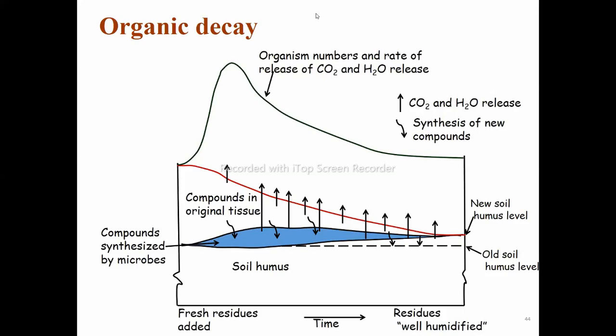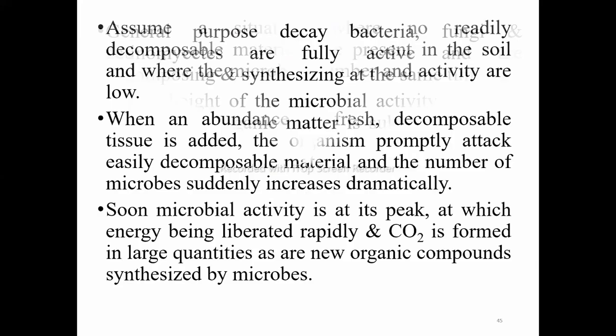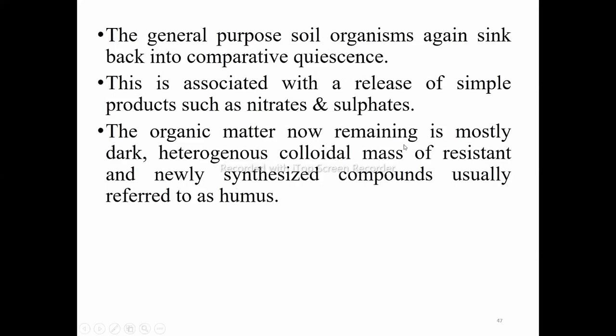It is resistant to degradation. And it is dark in color. And it is the powerhouse of the nutrients. Right? The organic matter now remaining is mostly a dark, heterogeneous colloidal mass of resistant and newly synthesized compounds, usually referred to as humus. Understand?